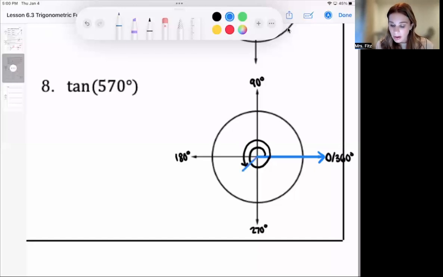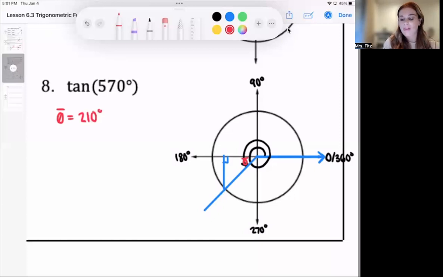We're going to put our reference triangle in with our little reference angle theta. Let's go ahead and find that reference angle. So we did our full 360, and then after we did the 360, we still had an extra 210 to go. If I deduct off this 180, I should be left with my reference angle.